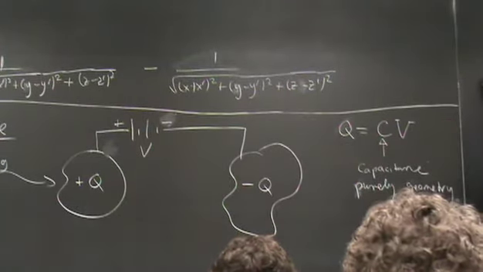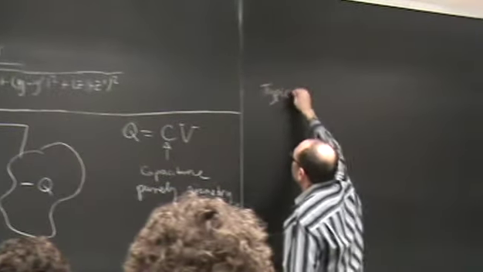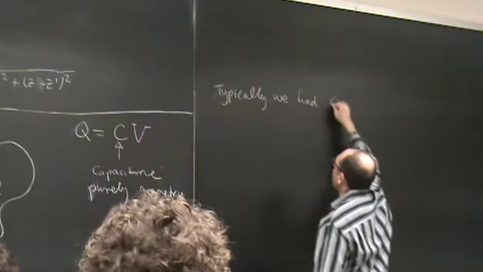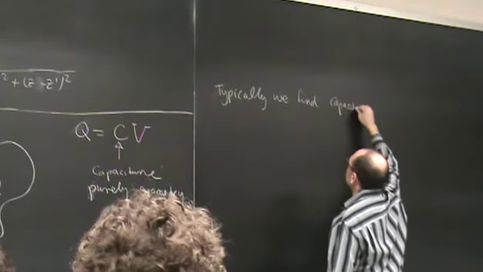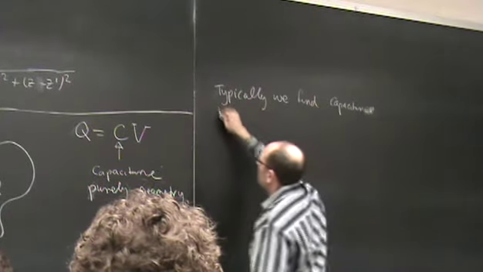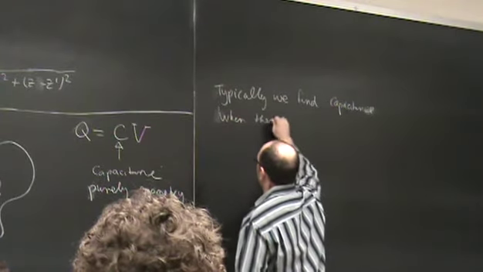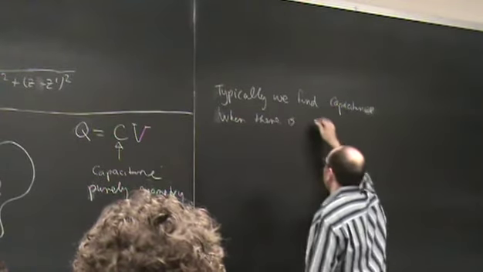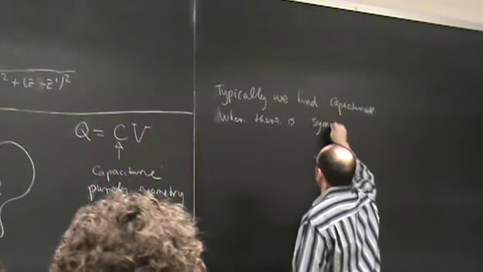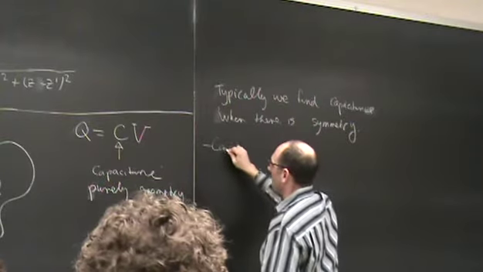So typically, we find capacitance when there is symmetry. So, for example, the canonical example is the parallel plate.